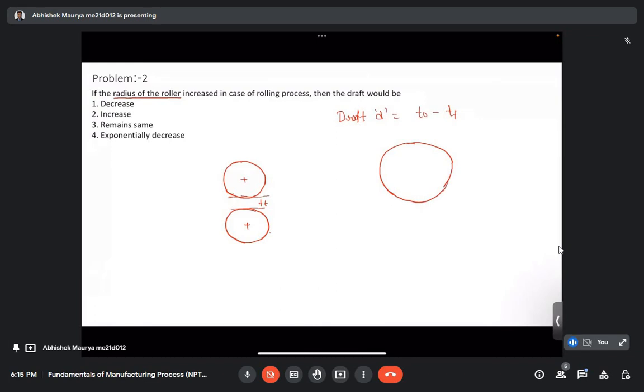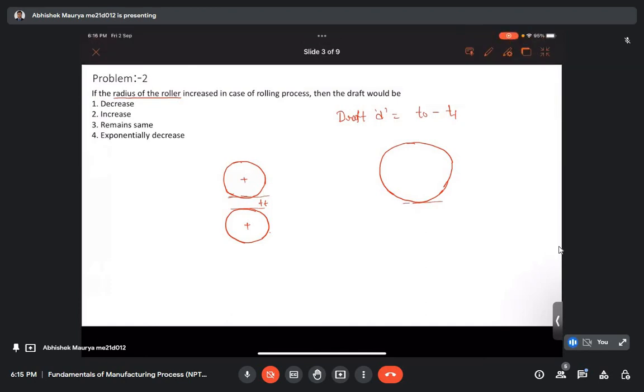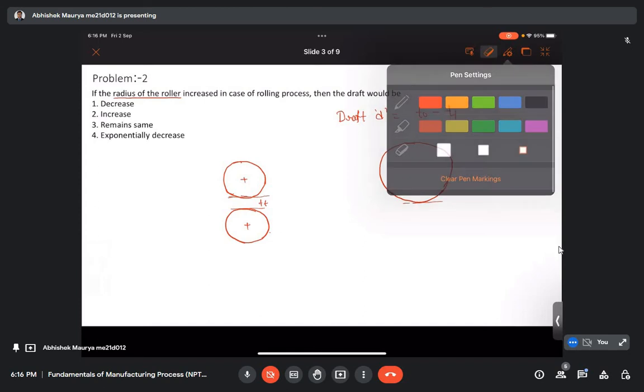And here also we will keep the roll gap the same.